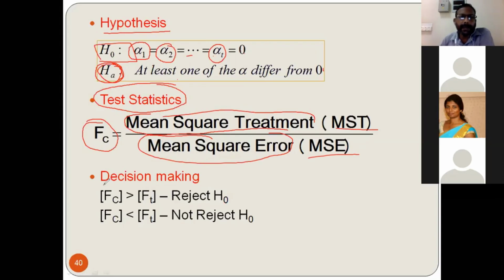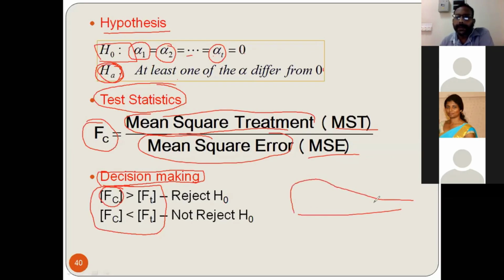So the decision making process is based on this. What is our calculated value? F calculated value greater than FT. For example, this is the same thing as we did. This is the F distribution.